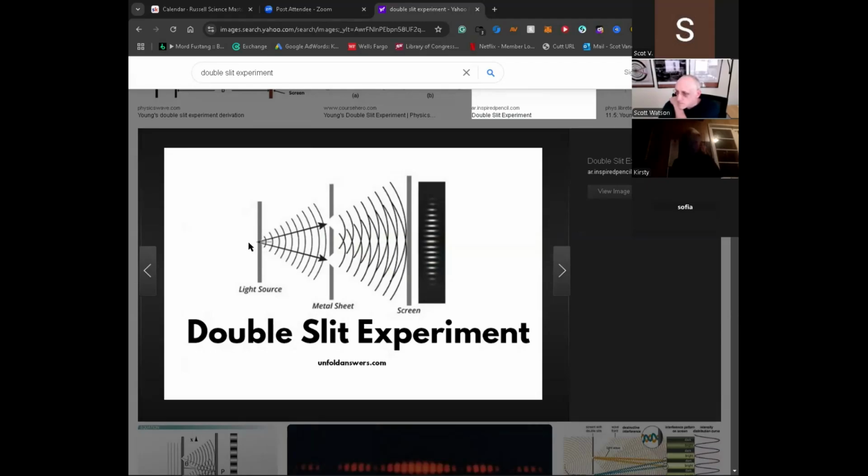In traditional science, they would have a light source, and that light would be radiating out. Here's slit one up here and slit two down here. On the other side, they had the screen, and you can see how there would be an interference pattern. So they were fine with that.